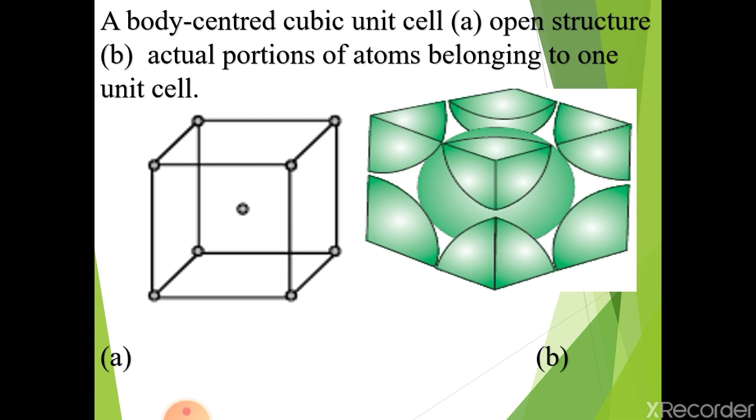In the second figure, which shows the actual portion of atoms, or maybe molecules or maybe ions, one belongs to the body center, that is the whole part of this cubic cell, and 1/8 from the corner. So that's why corner gives one atom and one belongs to the body center. Hence total number of atoms in the BCC is 2.